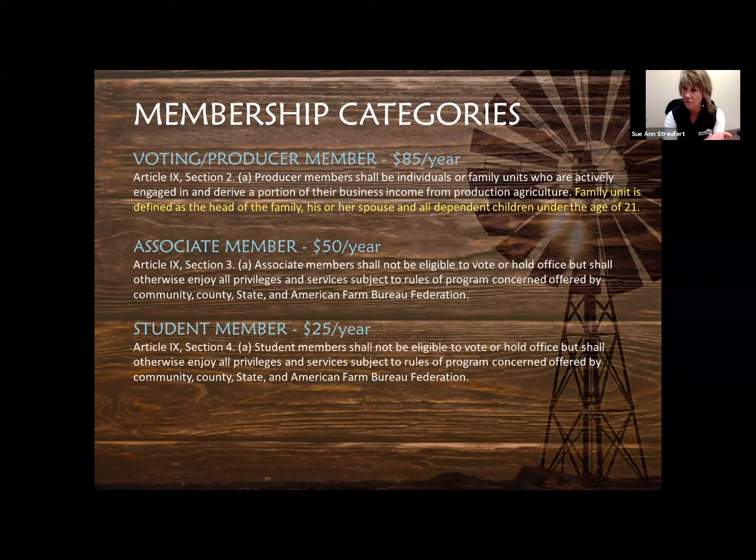They would receive the publications, member benefits, and meeting notifications, things like that. If there is a college student that wants to be actively involved in your county farm bureau, on your board of directors, they need to go ahead and pay the voting membership. So they're welcome to pay the voting membership. It's just that if they pay the $25 per year student membership, they are not eligible to vote or hold office.